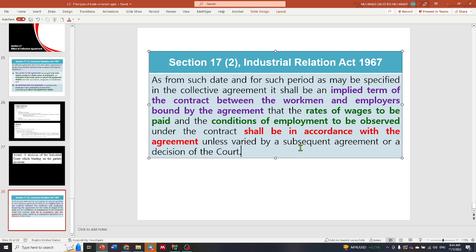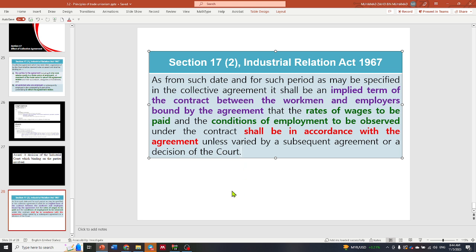Jadi mengikut section 17 ni, majikan perlu bagi 7% plus 1% of annual increment sebagaimana yang dah dinyatakan dalam collective agreement tersebut, melainkan ada perubahan dalam perjanjian tersebut ataupun ada ruling, ada keputusan yang lain yang dibawakan oleh mahkamah tersebut. Okey?